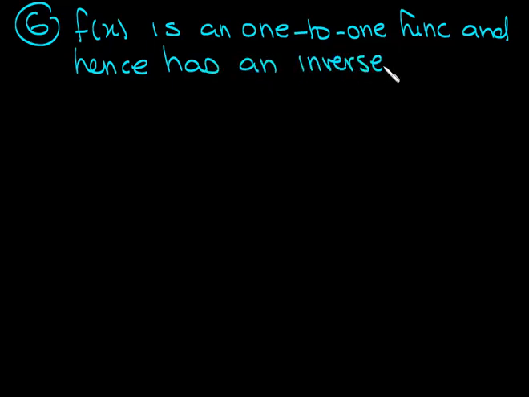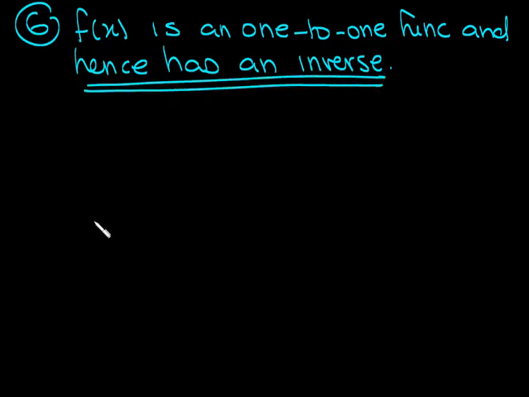So this is an important thing that we need to keep in the back of our head for the next section. This function is 1 to 1, so it'll have an inverse. That is the most important thing I want you to take away from here. Alright, so now that we know all of this, let's quickly talk about one special exponential function.